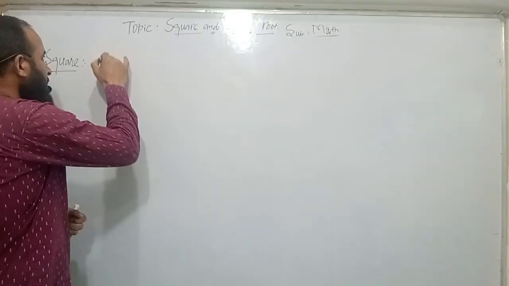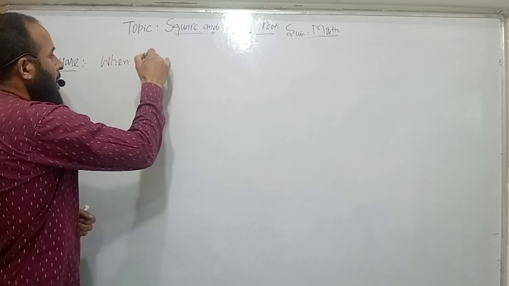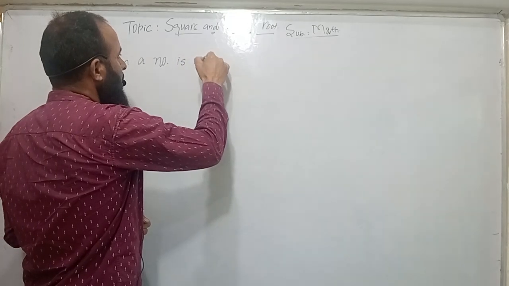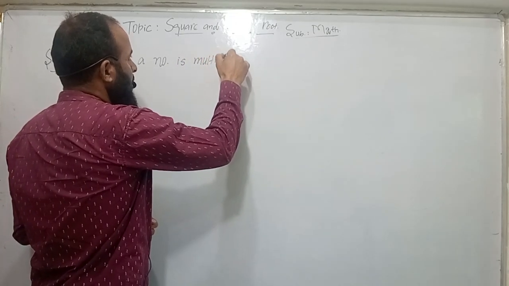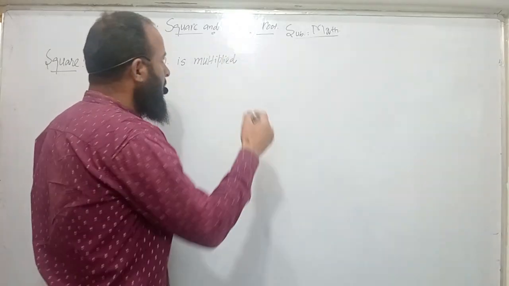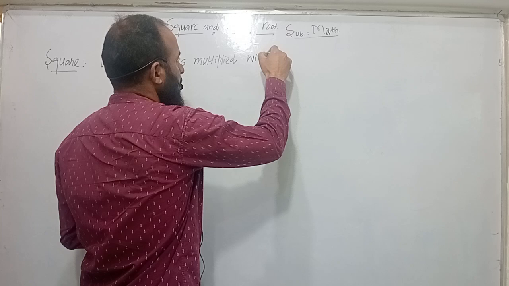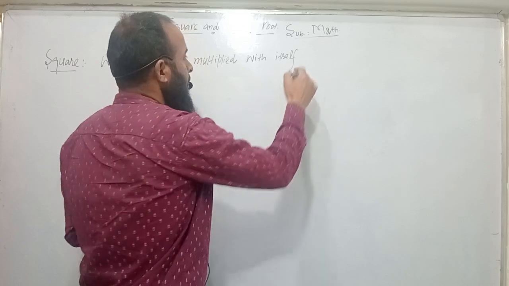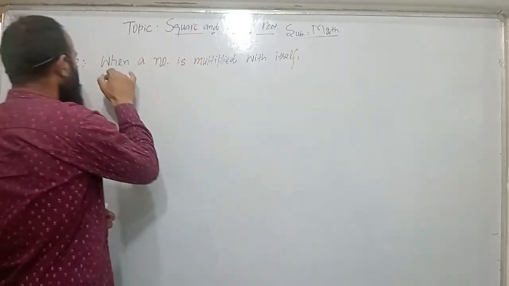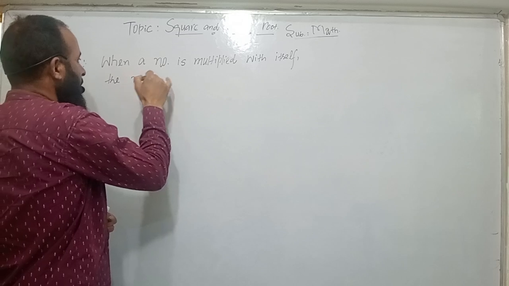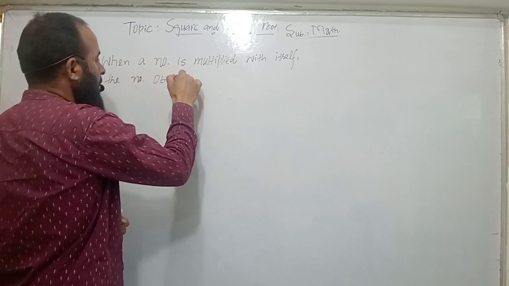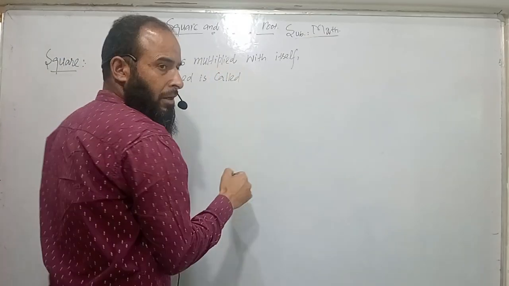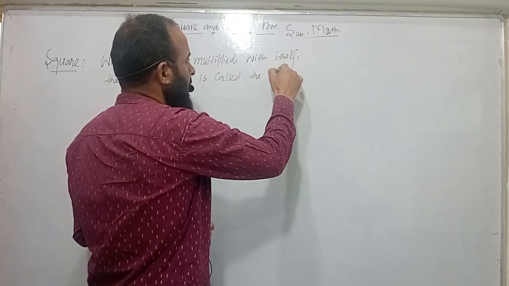See, when a number is multiplied with itself, the number obtained is called the square of that number.